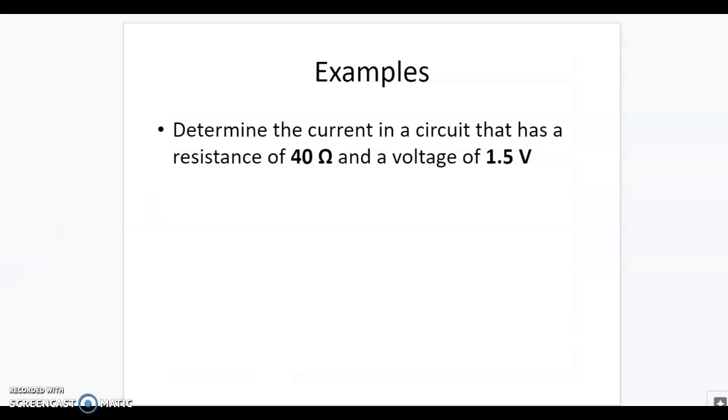So when you're solving out for something with Ohm's law, and you're solving out problems like this, determine the current of a circuit that has a resistance of 40 ohms and a voltage of 1.5 volts. And same process that we used to go through before, pick out what it is that you know, and list out things that you know. This 40 ohms, that's our resistance. This 1.5 volts, that's our voltage.